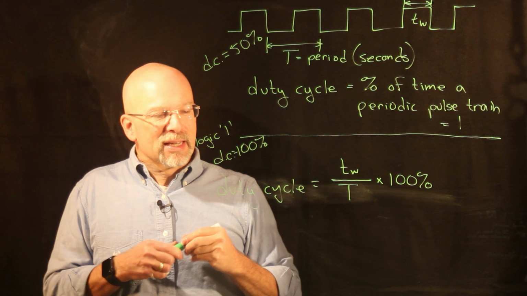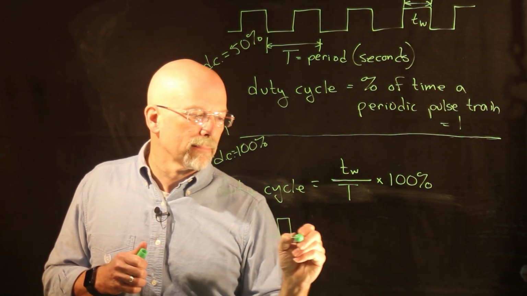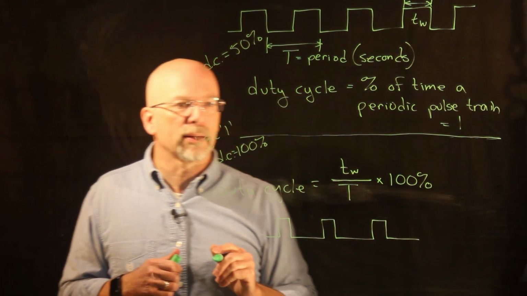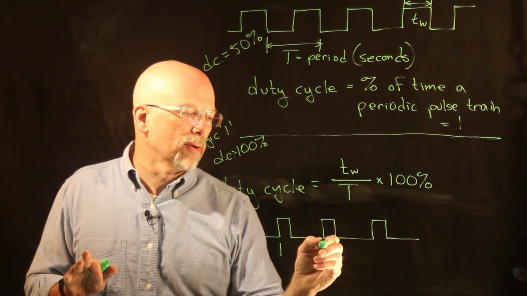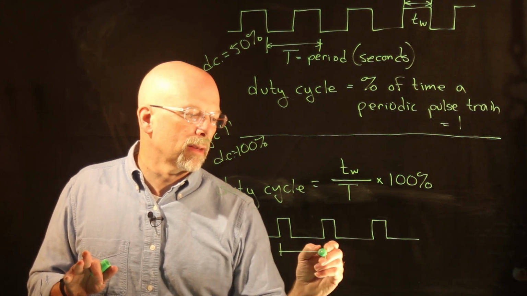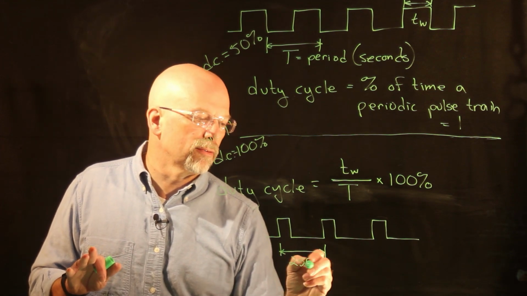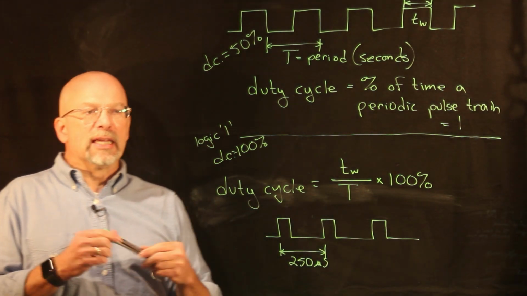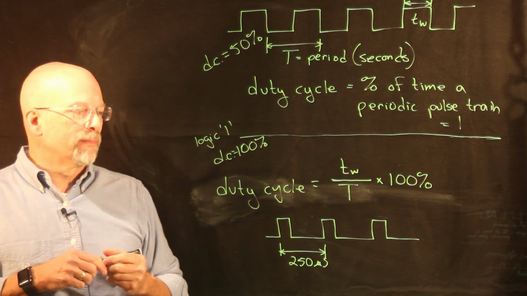Let's do a really quick example. I've got some periodic pulse train here, and let's say the period is 250 microseconds. A microsecond is 10 to the negative 6th seconds.